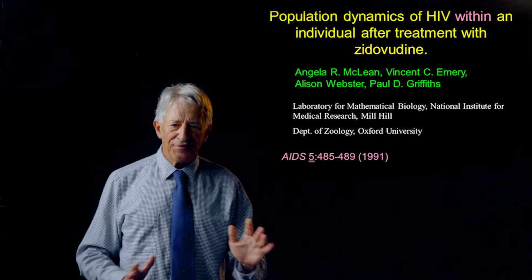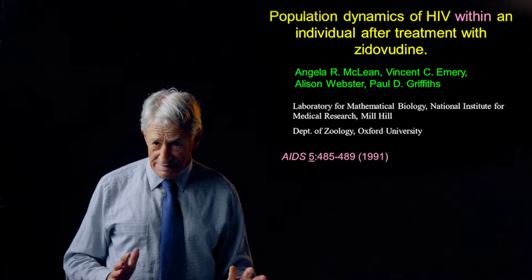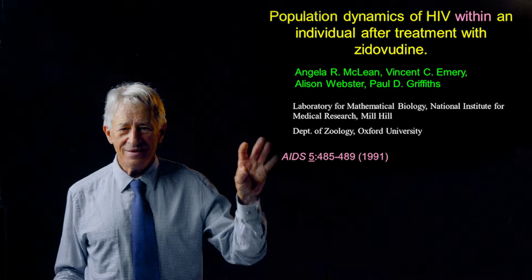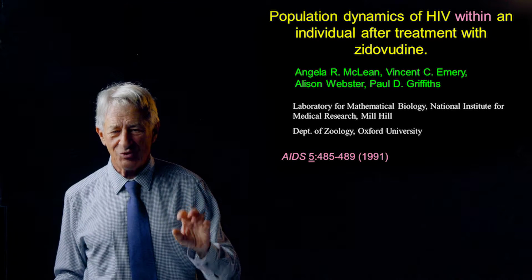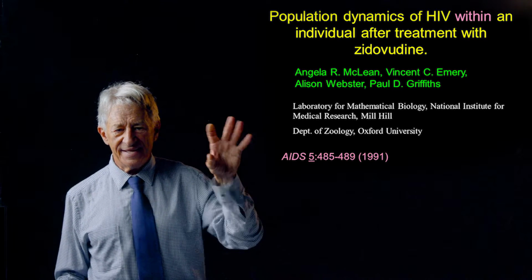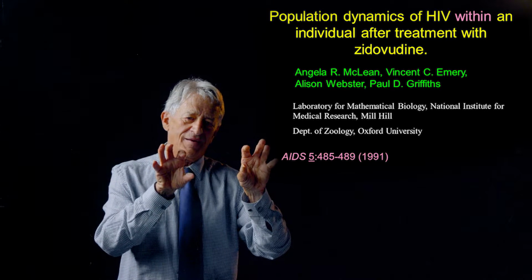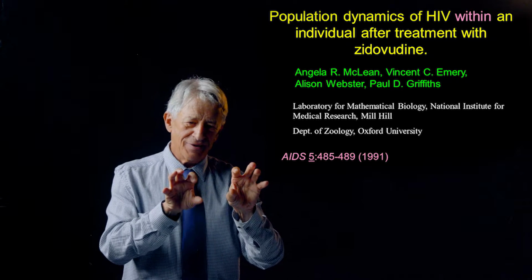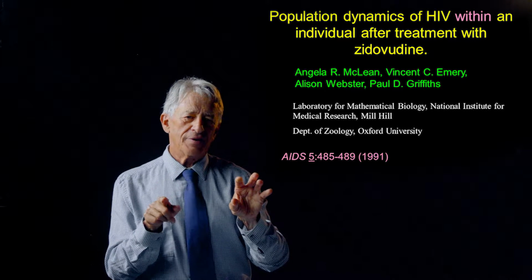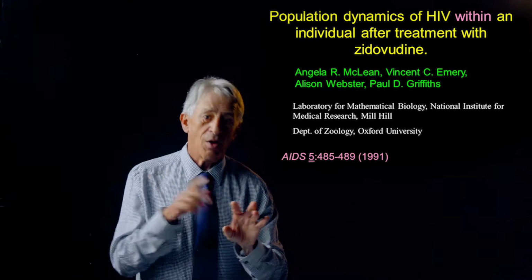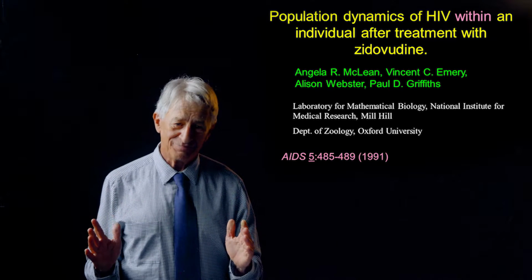So what's the fundamental event here? It's V meets T, or T meets V. T cell meets virus. And the result of that is that the virus infects the T cell with probability beta.